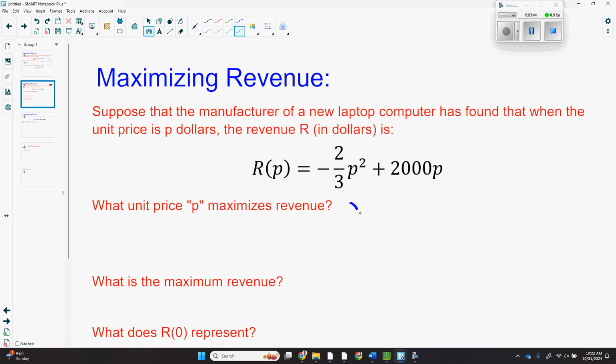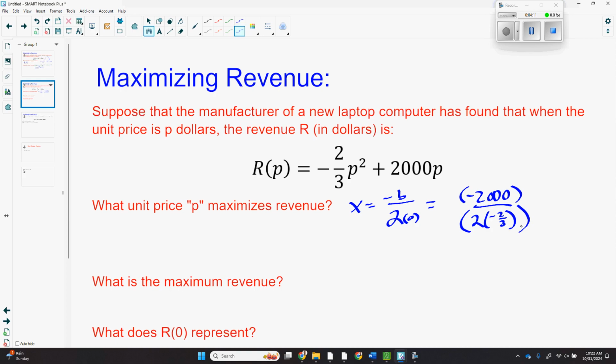We're going to use our equation x equals negative B over 2A. If I put those in, my B here is 2,000, so negative 2,000 over 2 times A, which is 2 times negative 2/3. Now, if you're typing this in the calculator, be careful. I probably put the top and the bottom in additional parentheses just so I don't mess anything up.